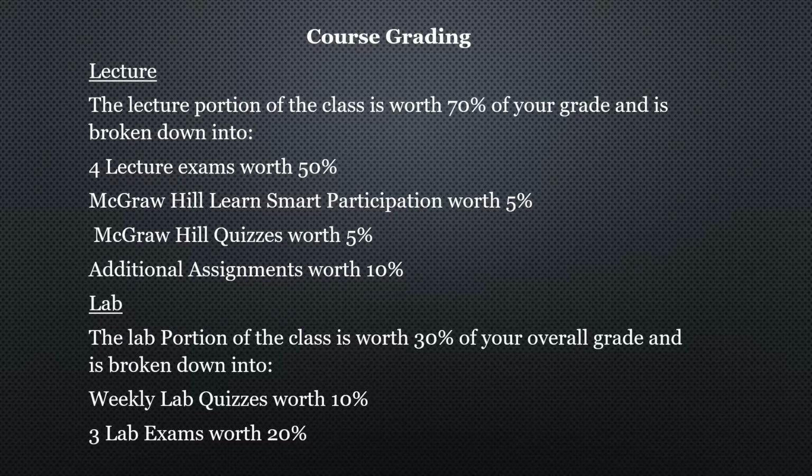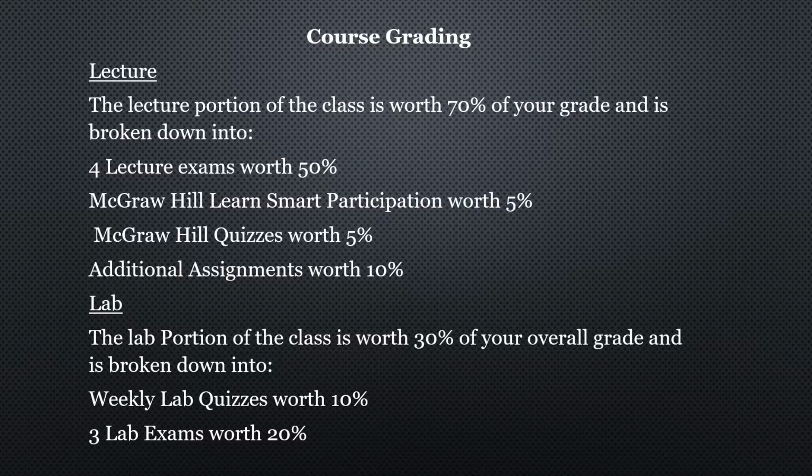Okay, so here is the course grading. The first 70% of your grade comes from the lecture itself, and that 70% is broken down into 4 lecture exams, which are worth 50% of your grade. Participation in the Learnsmart that I talked about, and the Learnsmart is either all or nothing.